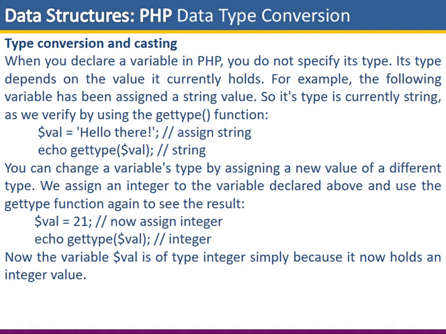The variable $val is now of type integer simply because it holds an integer value.